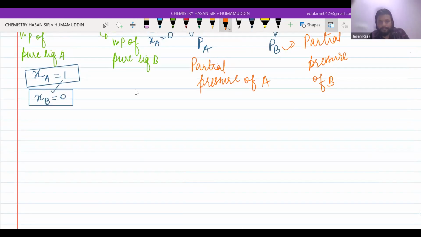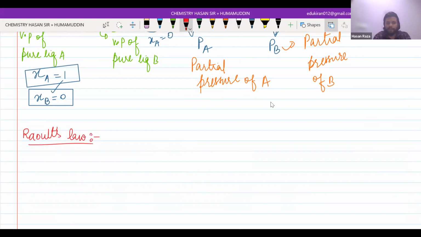Now see, I'm going to explain Raoult's law, and then we will apply this Raoult's law for this container. Okay, so write with me.